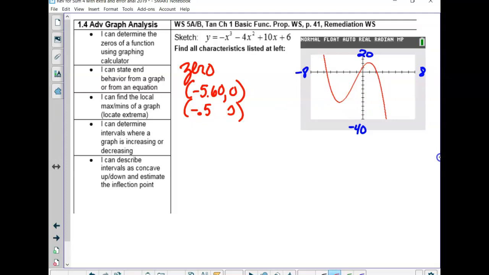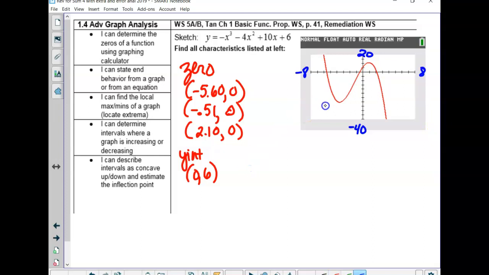Okay. Thanks. And we said the y-intercept, if you put in a 0, you get out a 6. Everybody knows how to find that, right? Just trace 0 or go back and put a 0 in up here. There's no y-intercept button.